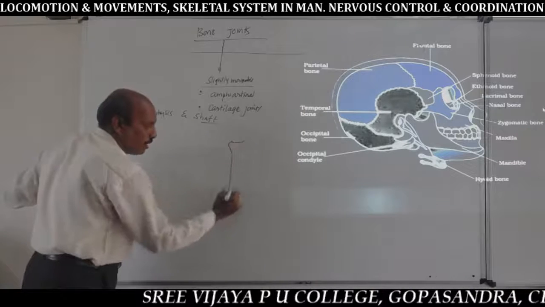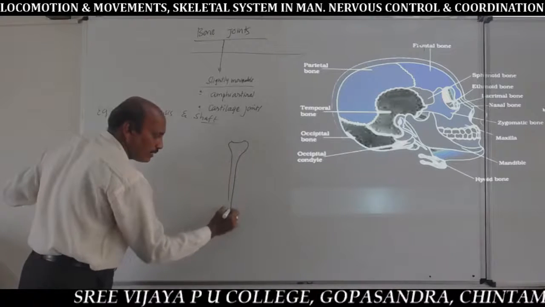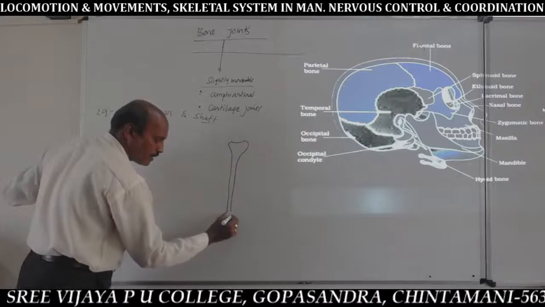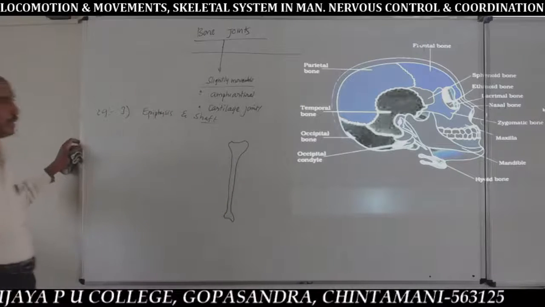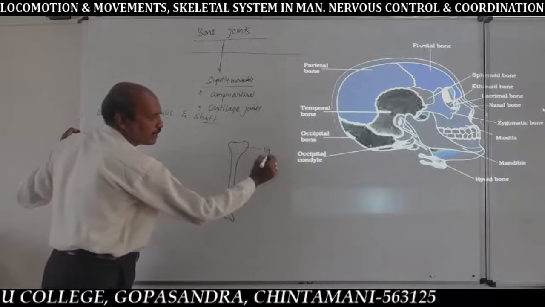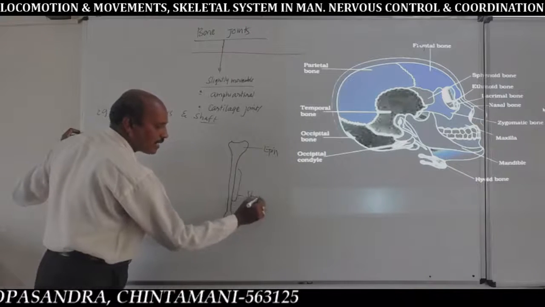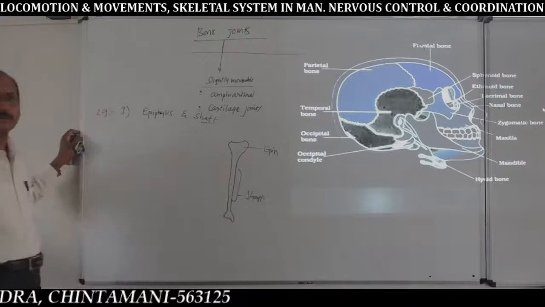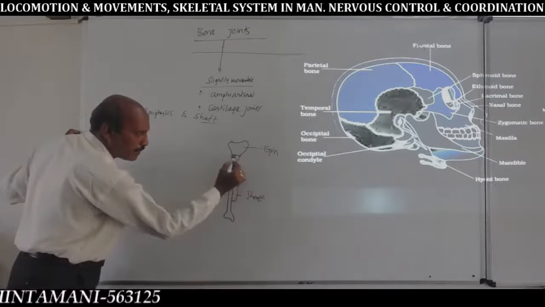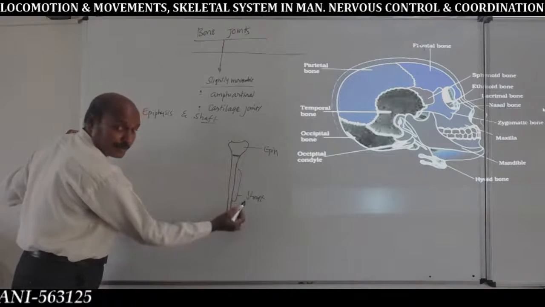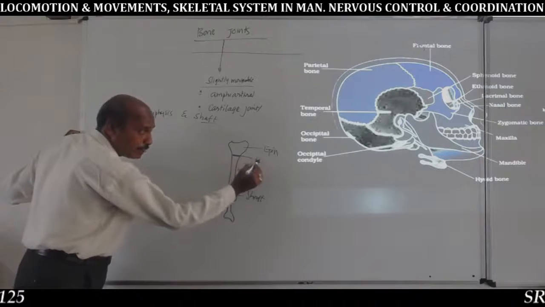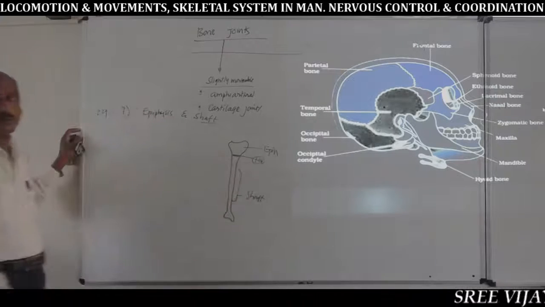Epiphysis and shaft of the femur bone. For example, this area is the epiphysis and this area is the shaft. The connecting point between epiphysis and shaft is made up of hyaline cartilaginous tissue.